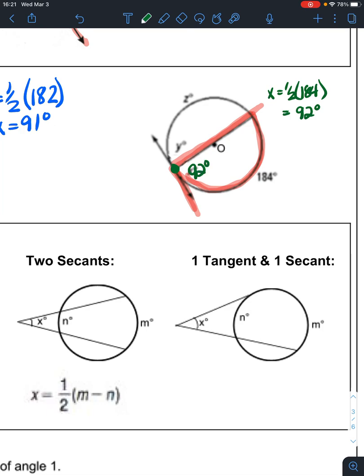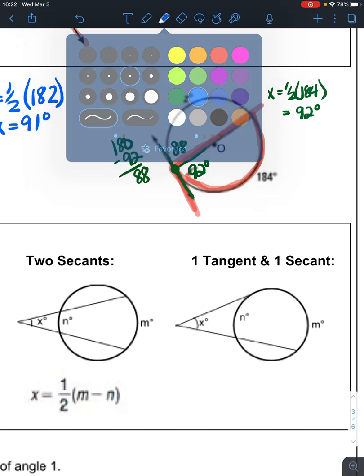Now from there you can either find Z or Y, but probably the easiest, because we've been doing it, is that angle X and angle Y form a linear pair. So I can find out that angle Y is 180 minus 92, which is 88.